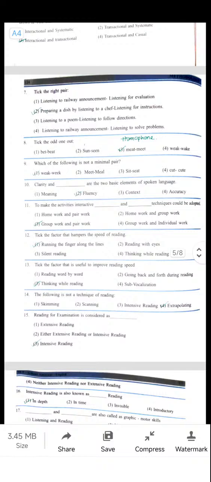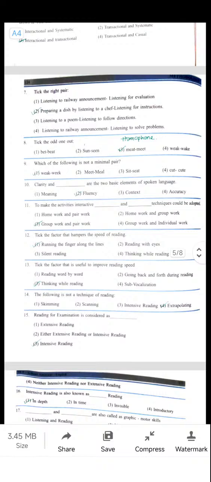Next, meal, no. Seat, no. Cut, cute, no. There is no pair, only weak and week. Clarity and dash are the two basic elements of spoken language. We discussed this in the earlier content: clarity and fluency are the two basic elements of spoken language.